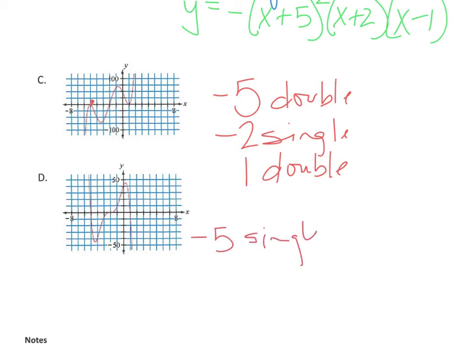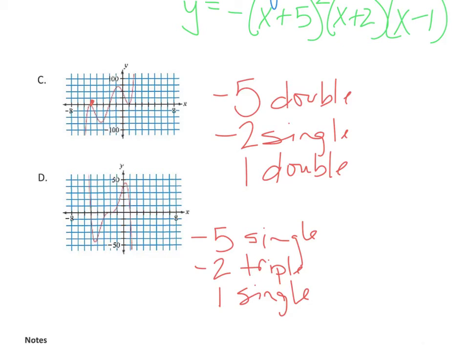It's crossing right through. At -2, I have a triple root. And then at +1, I have a single. So what degree polynomial would that make? Well, single plus triple plus single is a 5th degree, odd, and look at those ends, opposite, odd, so that makes sense.